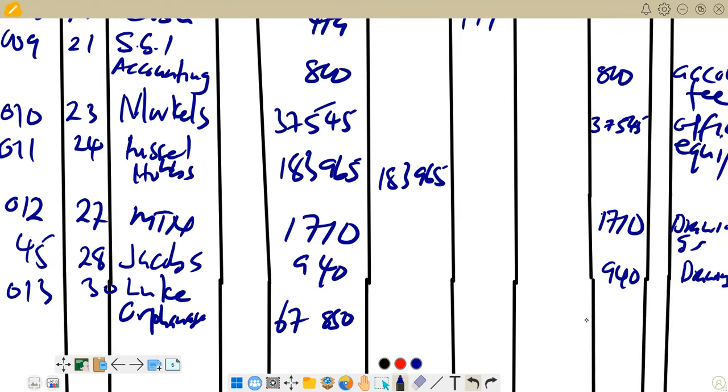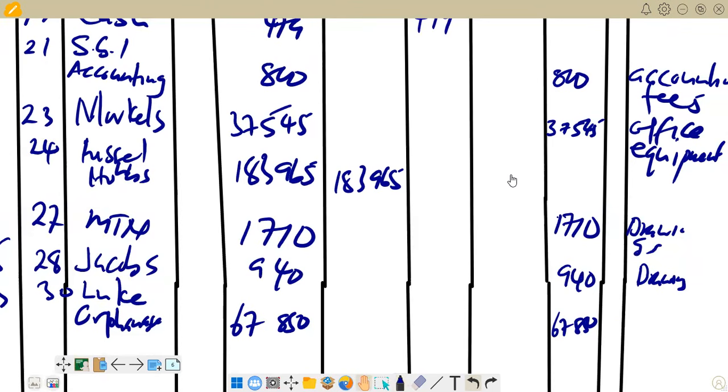There, we are going to put our 67,850. And then obviously in the description, in terms of the details there, we are going to write donation expense. Then we can now check the next one.